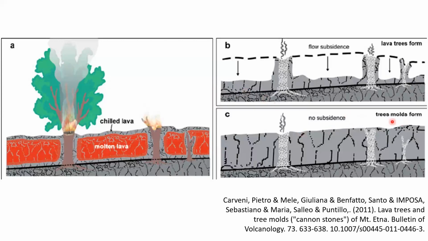And in step two for tree molds, the lava stayed up high. Does that make sense? A to B is one path and A to C is a different path, but they both started with A. Okay, that makes sense. Thank you.